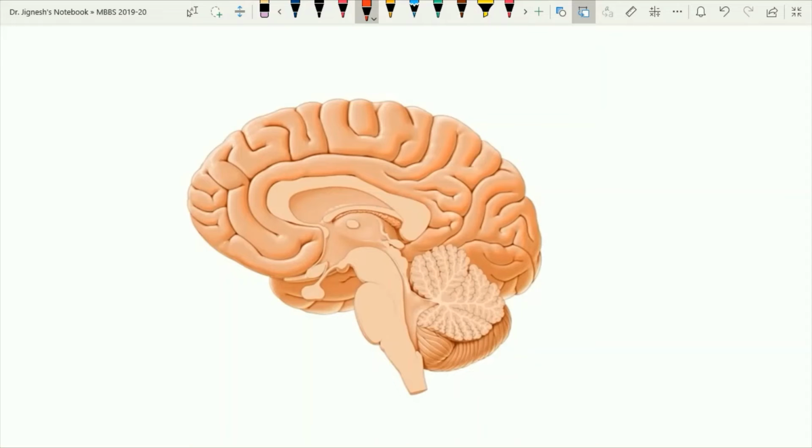The corpus callosum is divided into four parts from anterior to posterior: the rostrum, genu, body or trunk, and splenium.